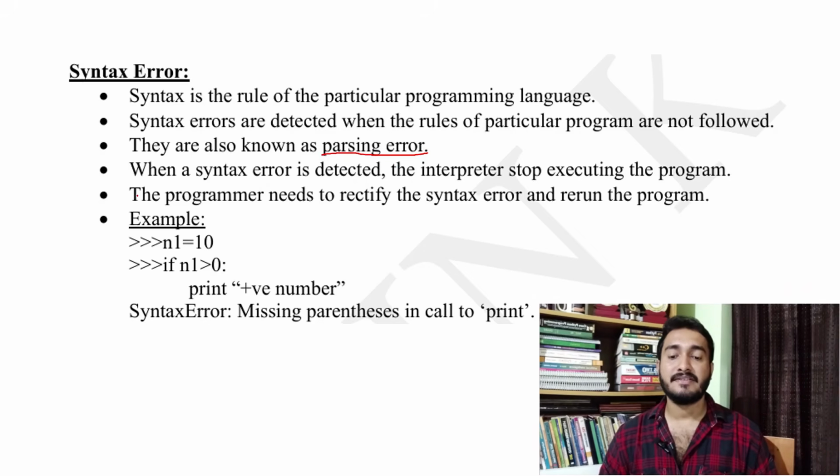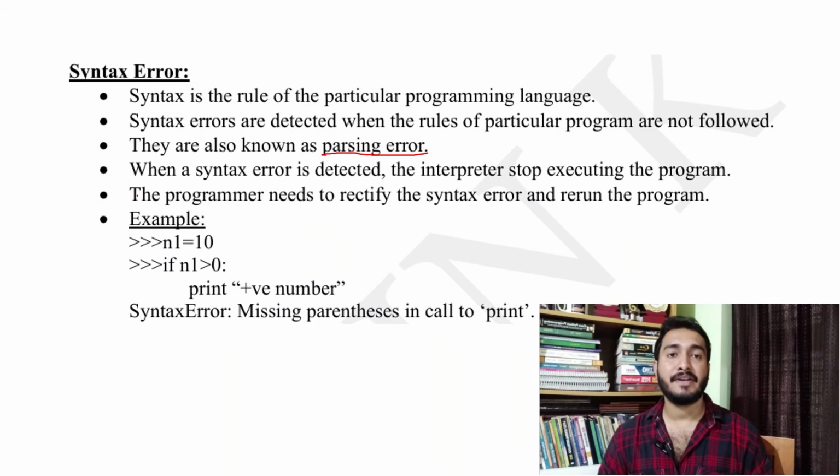When a syntax error is detected, the interpreter stops executing the program. Just imagine there are hundreds of lines of code in Python. So the interpreter will read the first line. If it is perfect, it will go for next line. If that is also perfect, it will show the output, go for next line. Show the output, go for next line.